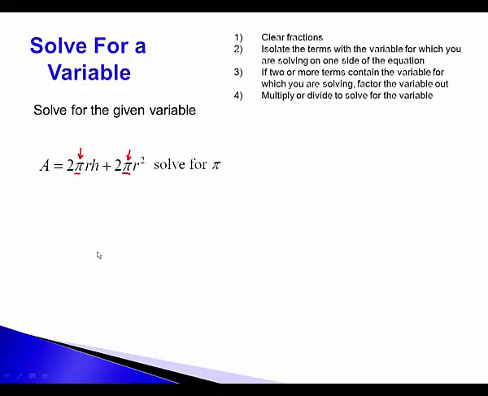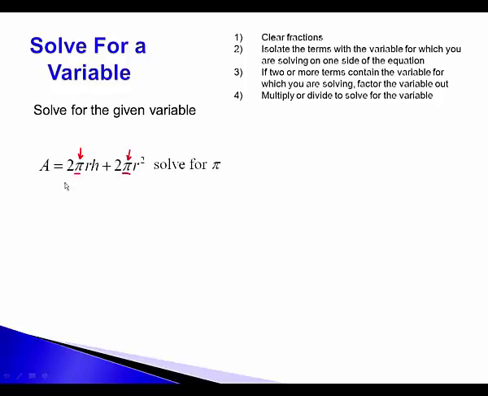What it says do is clear fractions. Well, we have none. It says isolate the terms with the variable on one side of the equation. Well, we're trying to solve for pi, and they're both on the right-hand side, so step 2 is done. It says in step 3, if 2 or more terms contain the variable for which you are solving, factor the variable out.